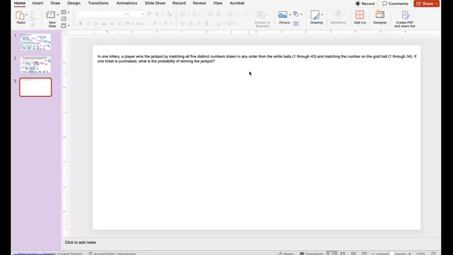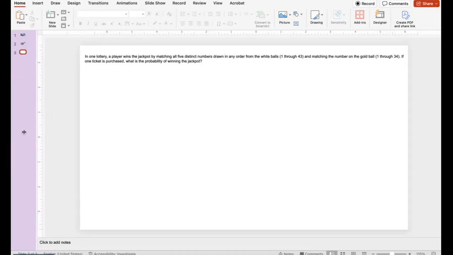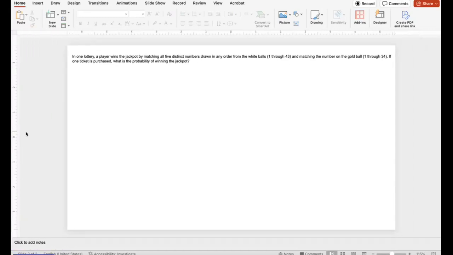So in one lottery, a player wins the jackpot by matching all 5 distinct numbers drawn in any order. Okay, so it doesn't have to be in a certain order on this. So is the first part a combination or permutation? Combination. Yes.